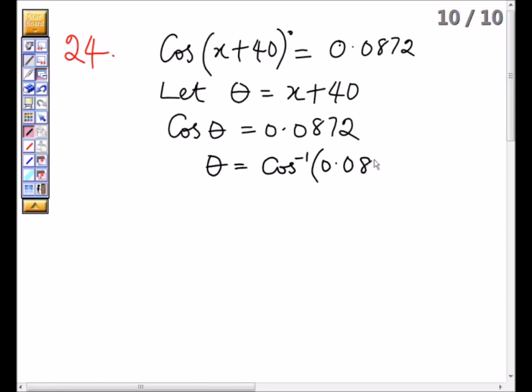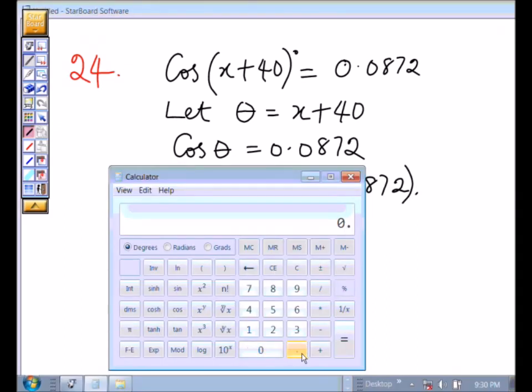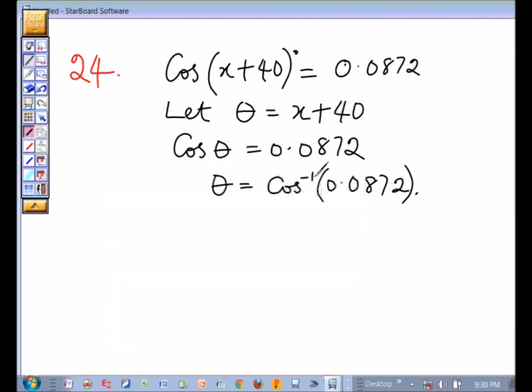From there we obtain from the calculator cos inverse of 0.0872 to be equal to 85 degrees.